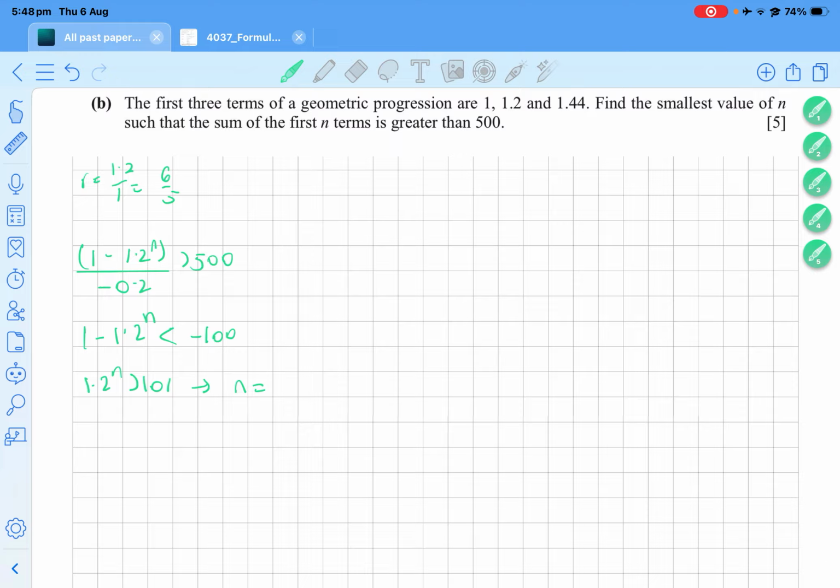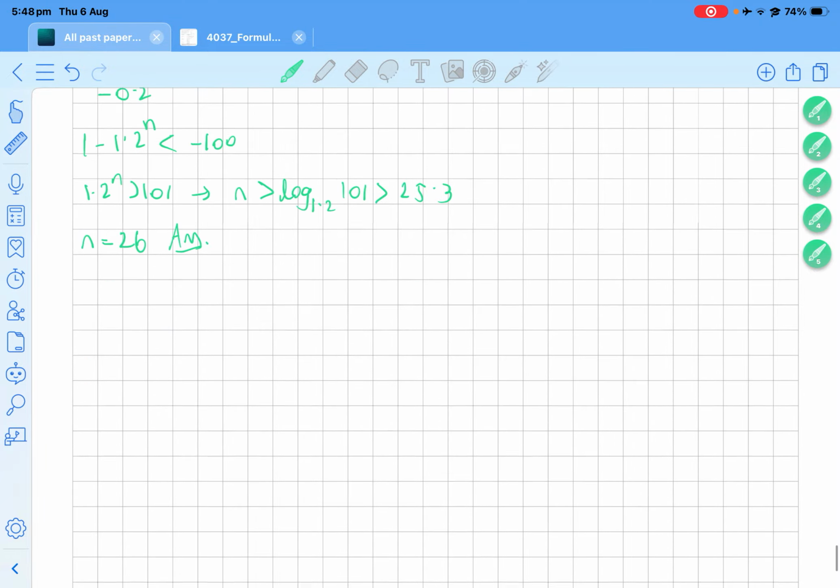So n could be log base 1.2 of 101, which is 25.3. So it must be greater than 25.3. So I could say that the smallest value of n is 26, because it must be greater than that.